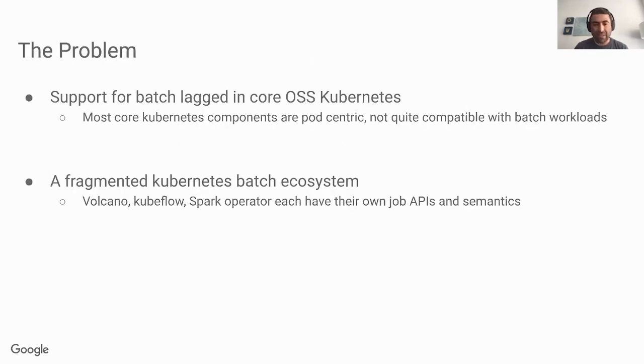Okay, so that's quite a bit of background, and these are the basic things that Kubernetes supports in the batch world. So the problem that we're trying to address here is that support for batch lagged in OSS Kubernetes. Most core Kubernetes components are pod-centric and not quite compatible with batch workloads, where, for example, everything happens at the pod level.